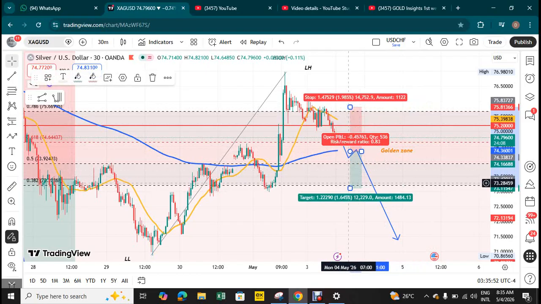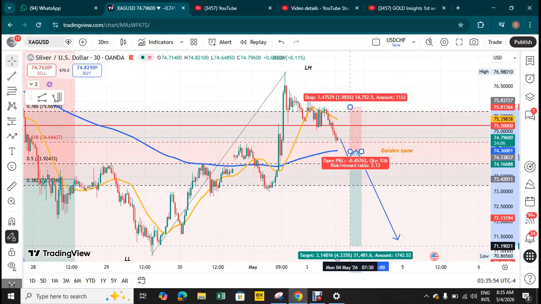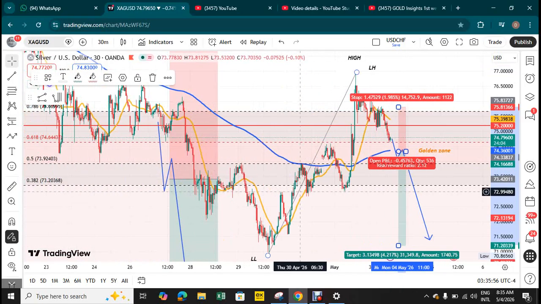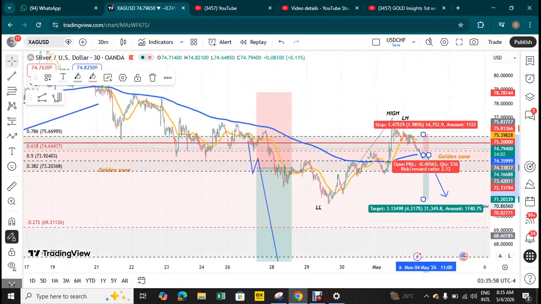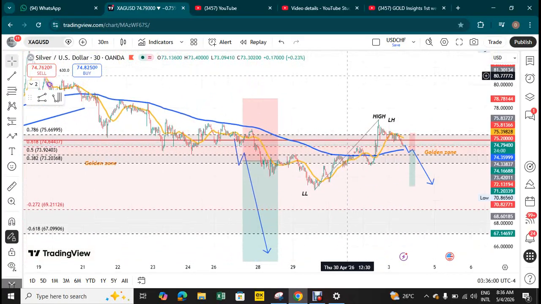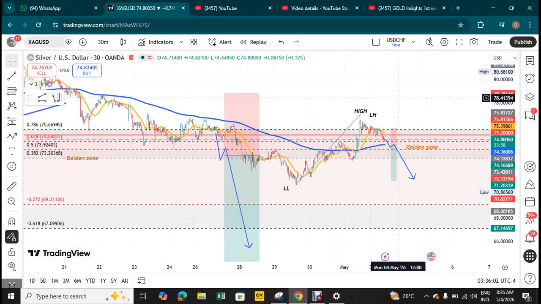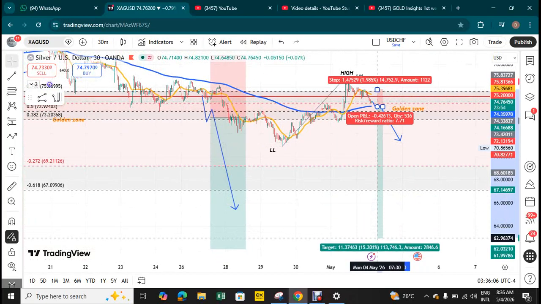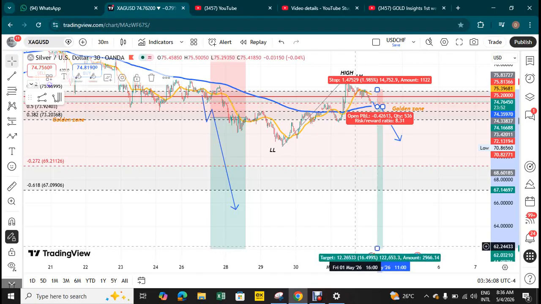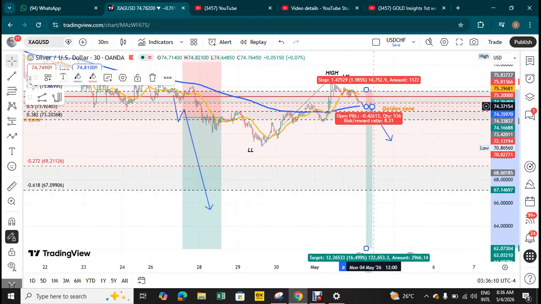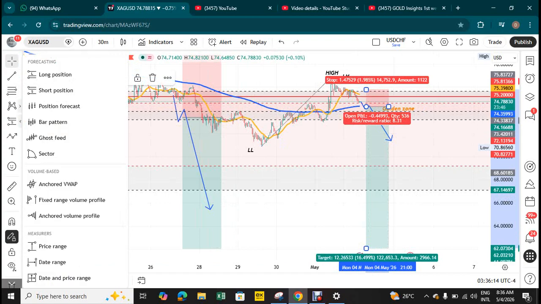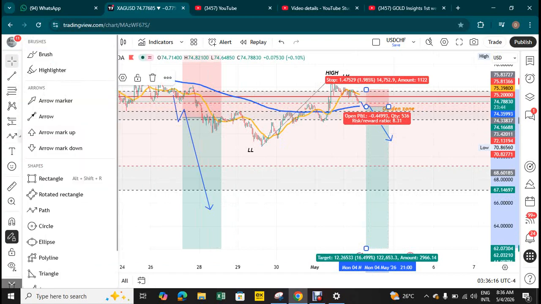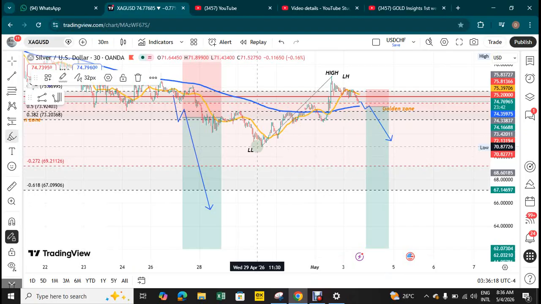Then price needs to go all the way to this liquidity down here, or we could still use our first TP level, which is this area, down to this level, to the low, which might take a while. But we want to see this liquidity possibly taken out. We want this area taken out.